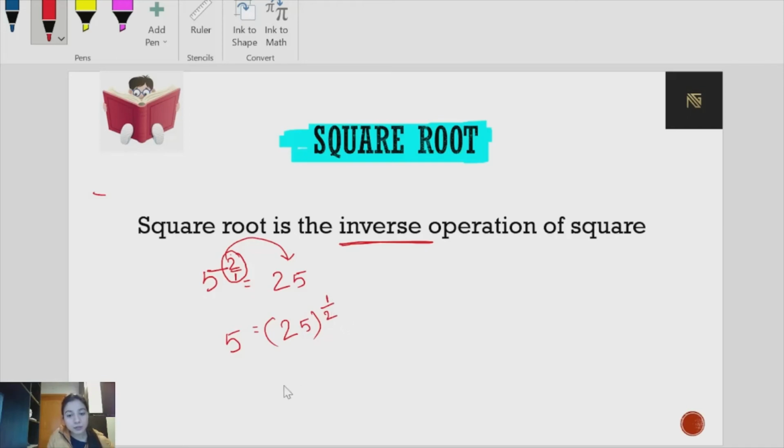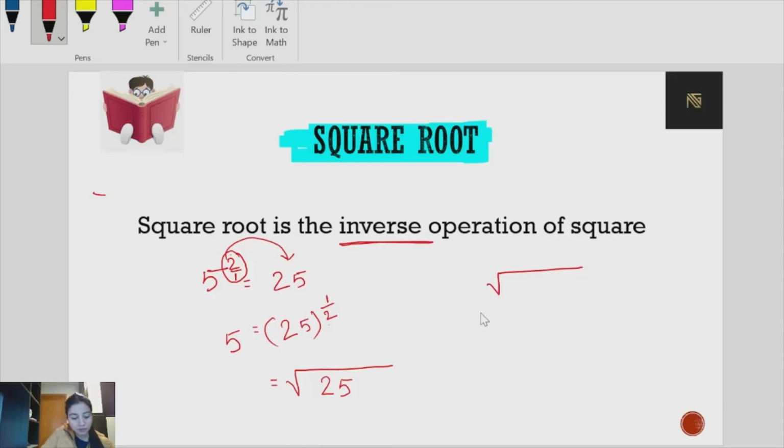This 1 by 2 power, we can write it as the square root sign. Clear? And 25 inside the square root sign. So this one is the square root sign or radical sign.